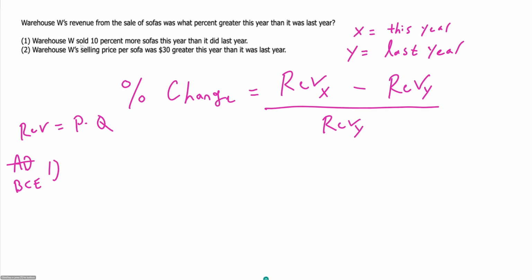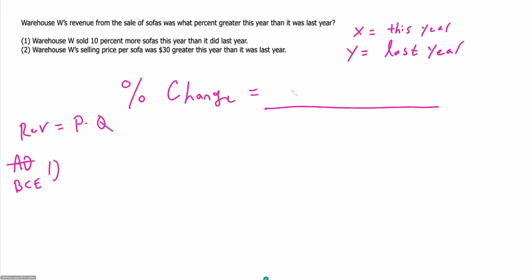We can still translate this statement. Now that I see that they are breaking revenue up into its components, I can rephrase my question, because revenue this year will just be the price this year times the quantity sold this year, and the revenue from last year will be the price last year times the quantity sold last year.